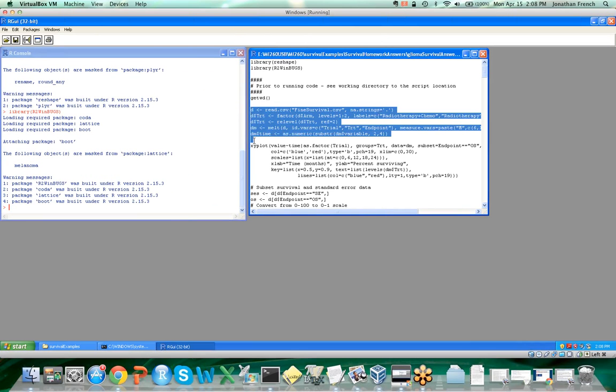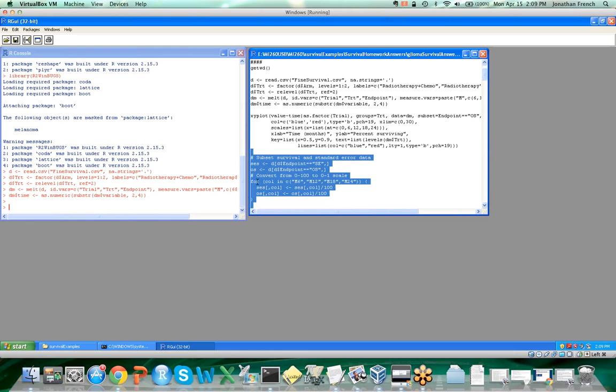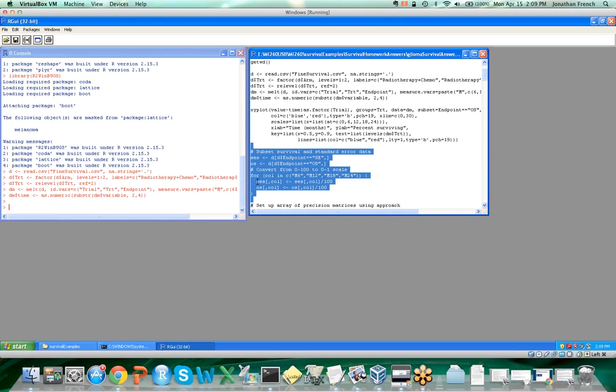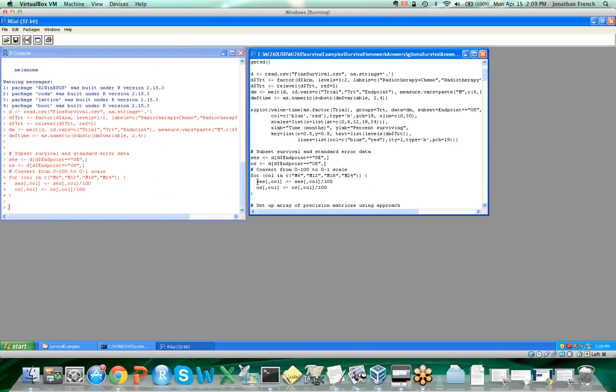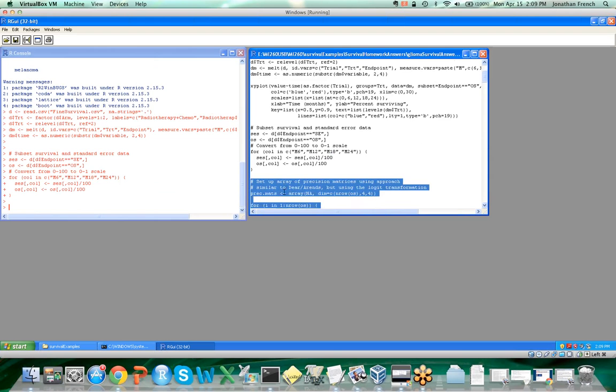Read in the data, create a time variable. All of these we stepped through last week during our lecture, and hopefully you had a chance to check through the code. This set of code, again, just extracts the standard errors and the survival times, converts them from a percentage scale to a probability scale by dividing by 100.